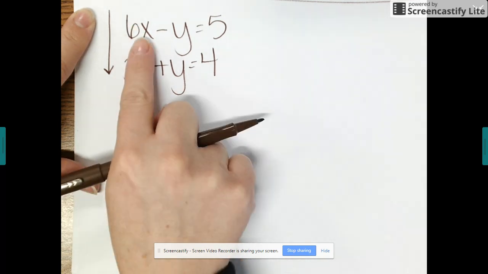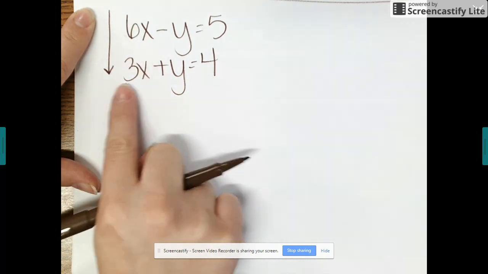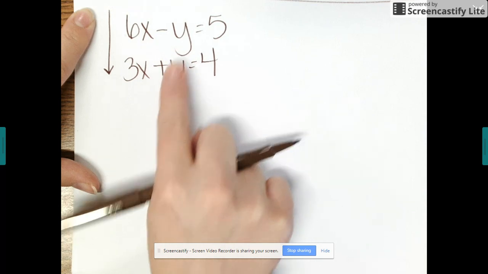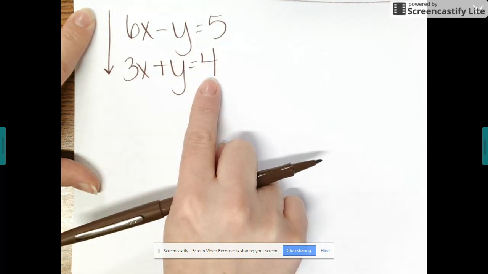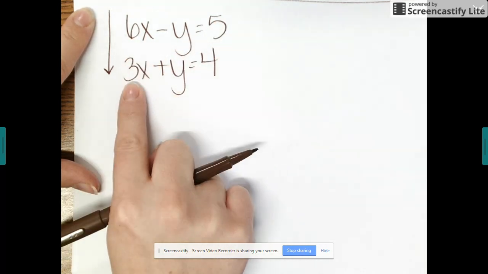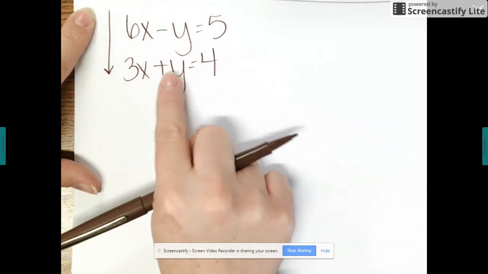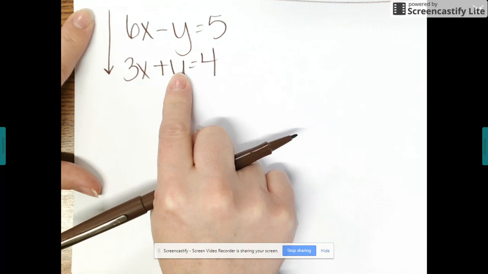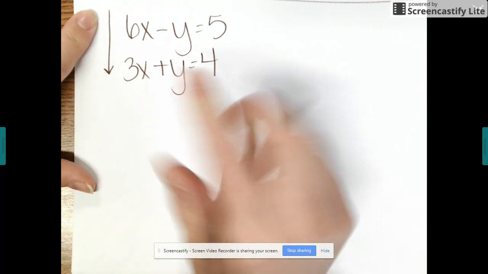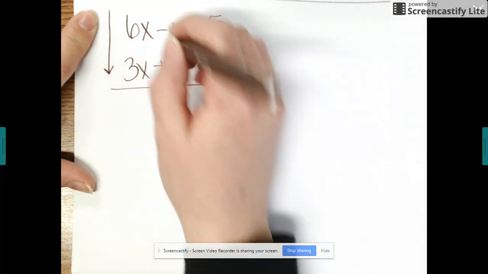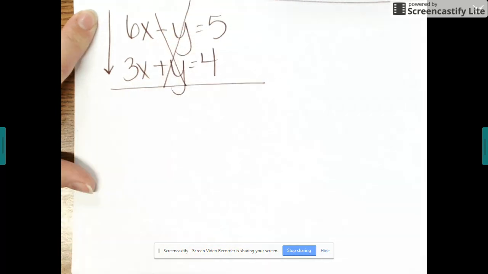So we need to make sure that they're right underneath each other. X's and X's, Y's and Y's, the equal signs, and then our answers, okay? So, of course, these are not going to cancel out. Let's look at our y's. You have a negative y and a positive y. Are those going to cancel out to be 0? You bet. So I like to make a line. These cancel out. I'm just going to make a big X on them.